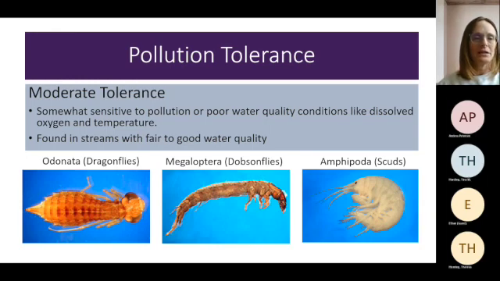And so the one to the left, that is the dragonflies, and dragonflies and damselflies both belong to the order Odonata. Dobson flies, I think another name for that is a fish fly. That is part of the order Megaloptera, and the Amphipoda are the scuds. And before I go much further, I do want to stress that we're not expecting you to know scientific names.